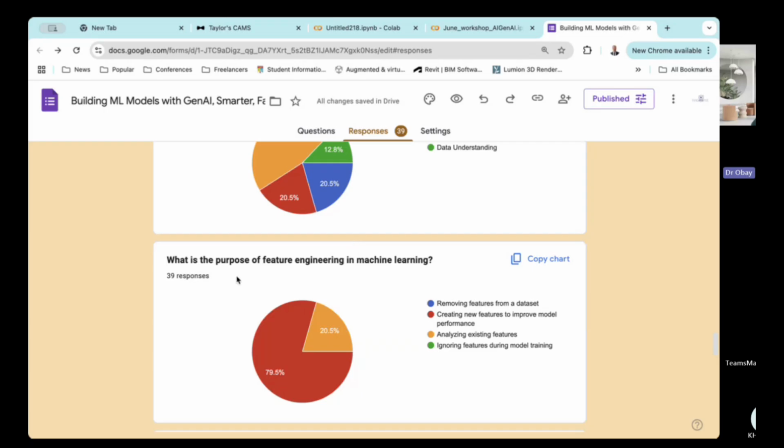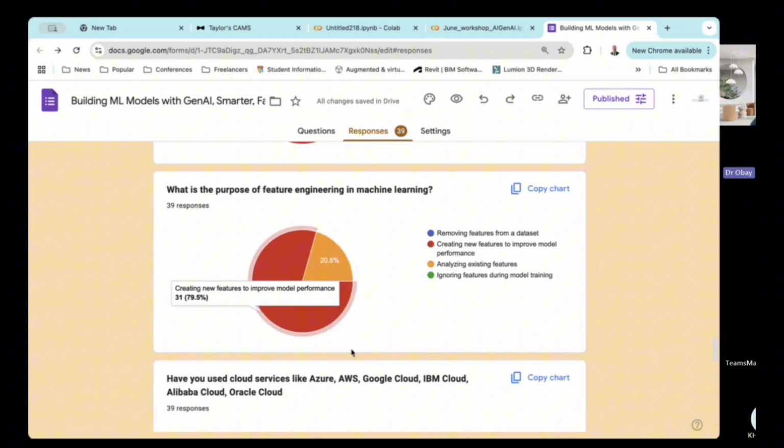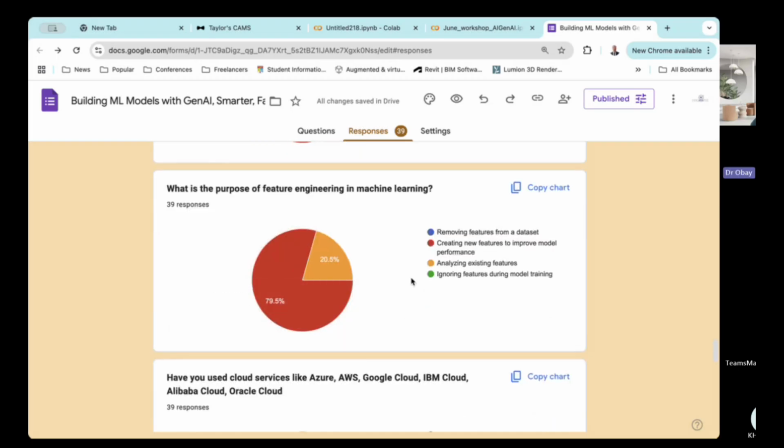Okay, what is the purpose of feature engineering in machine learning? 79% of you, 31 of you, agree that it is about creating new features to improve model performance, which is yes. Removing features from a data set is considered a part of feature engineering, but mainly it is about creating new features.